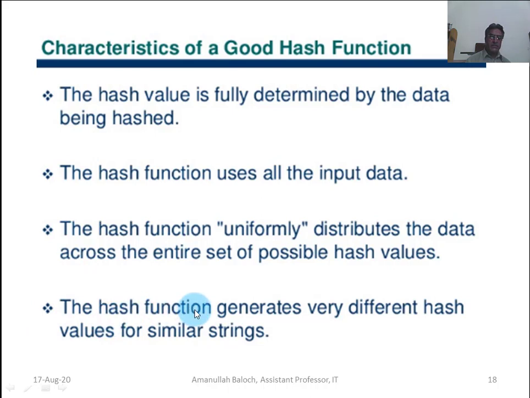The hash function generates very different hash values for similar strings. This is the characteristic that it should generate different hash values for similar strings. This is the responsibility of the hash function.